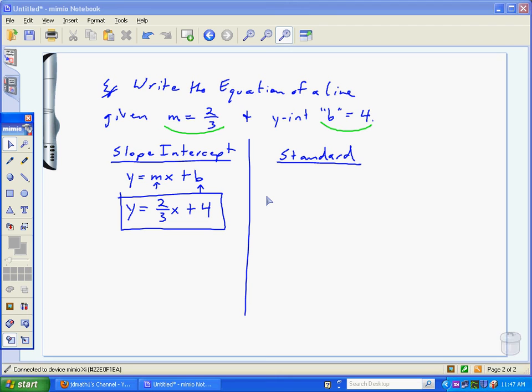In order to get standard form, I always like finding the slope-intercept form first. So I'm going to write it down here: y equals 2/3 x plus 4. I don't want any fractions in standard form at all.